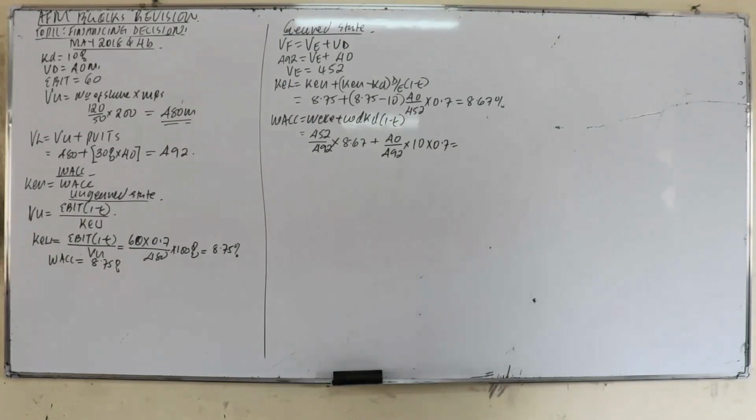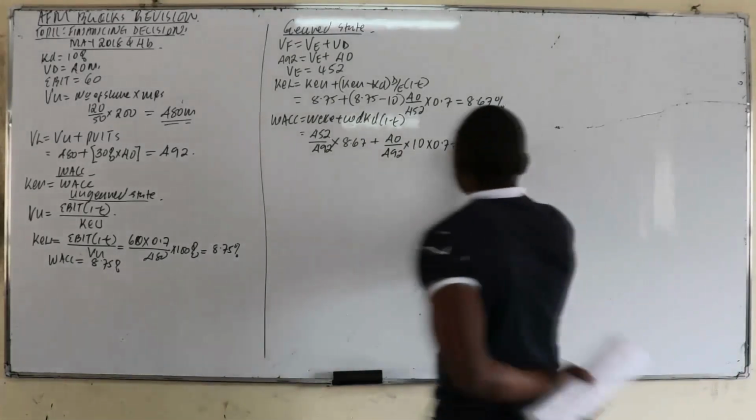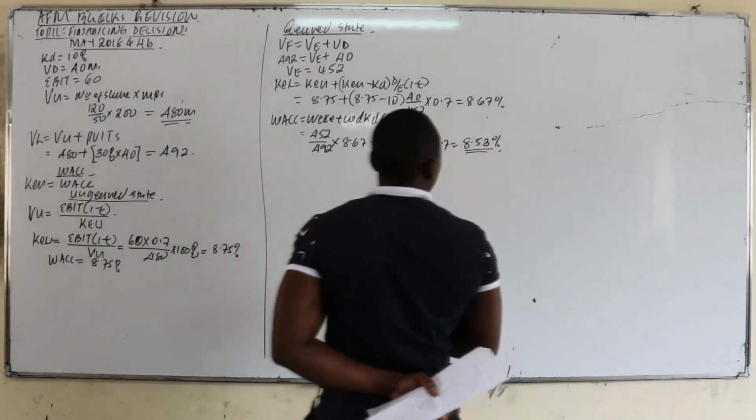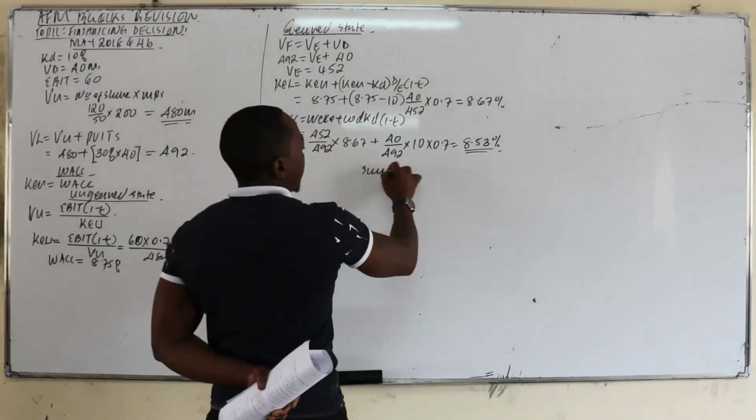So how much would be the WACC? 8.53. Yeah, 8.53. So now let's come up with a summary here.